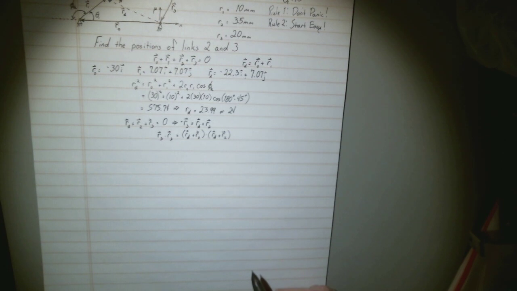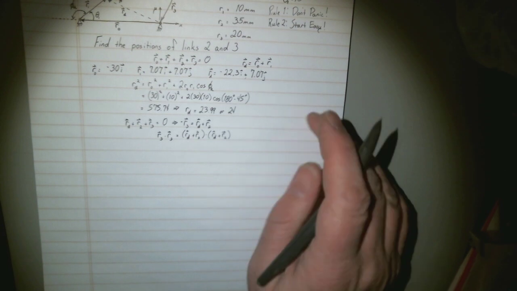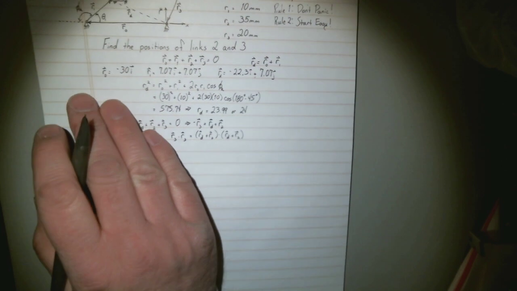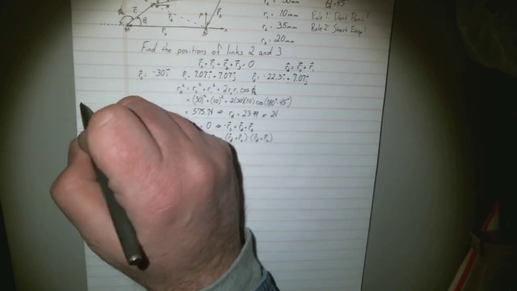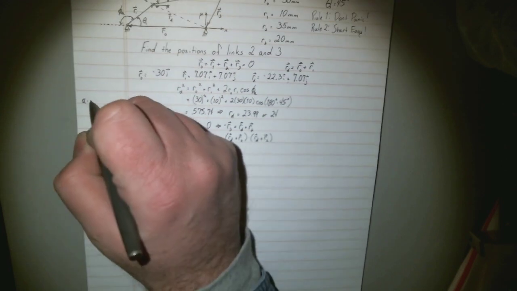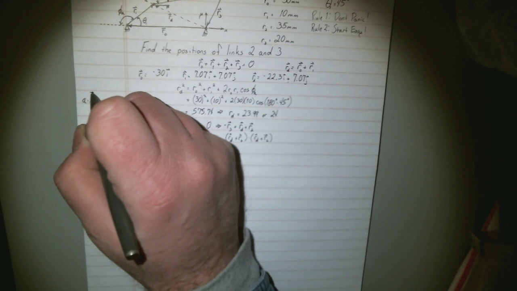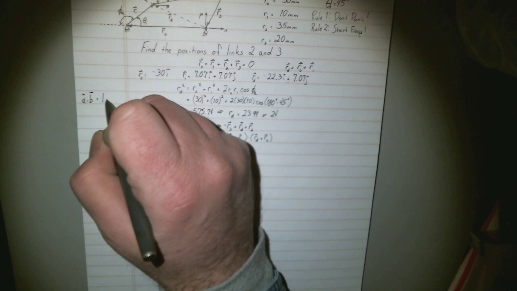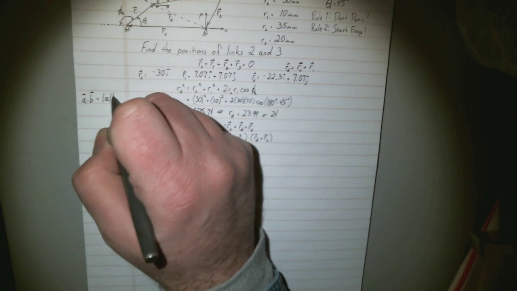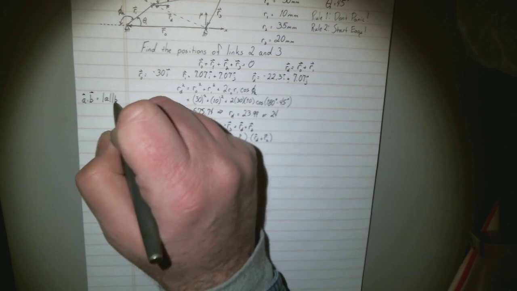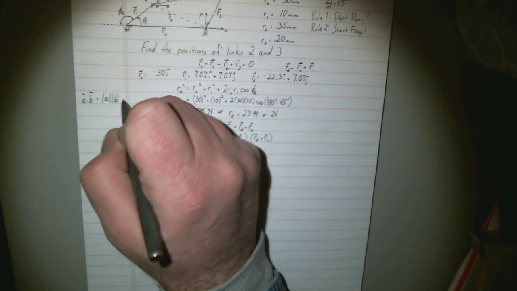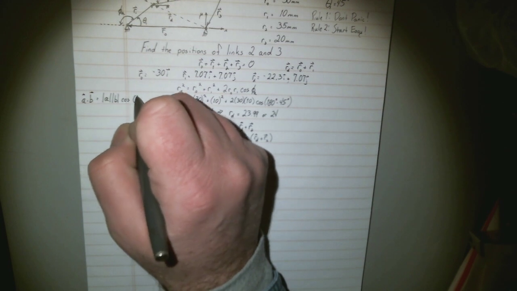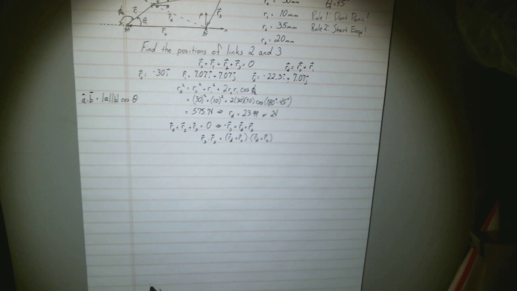Now, if you look at the definition for the dot product, and I'll stick that perhaps in the margin right here, the dot product of two vectors, a dot b, is equal to the magnitude of a times the magnitude of b times the cosine of the angle between them.